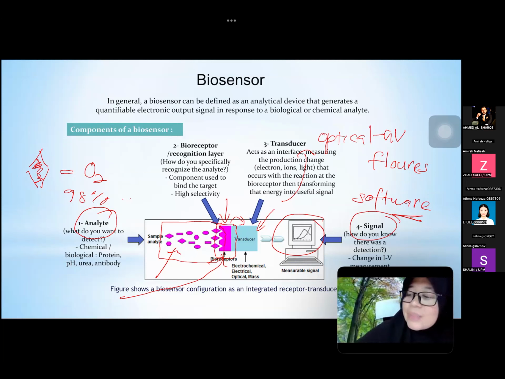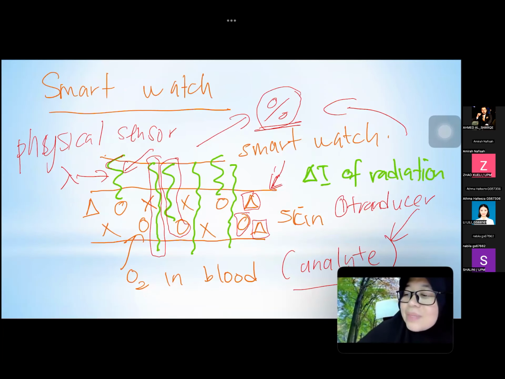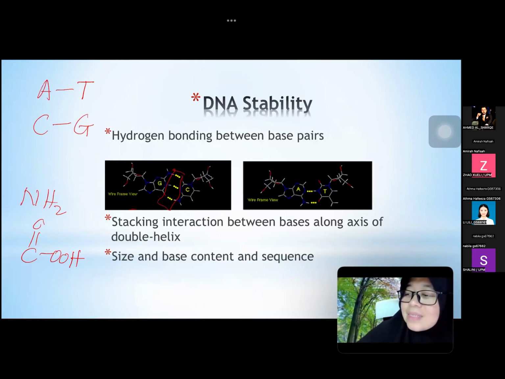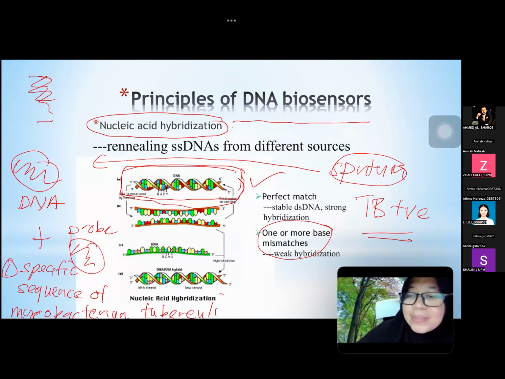Okay. Because that's the basic, like I have told you before. The one that catches or interacts with the analyte in a biosensor, in a DNA biosensor, is DNA itself. I need you to relate this with the picture of the principle of biosensor just now.